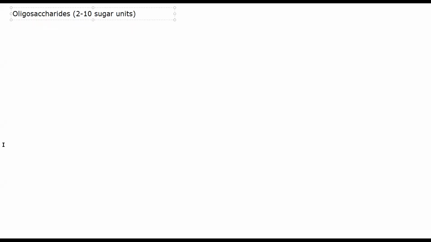Generally, these are again classified by the number of sugar units they have. If they have 2 sugar units, they're disaccharides. 3 sugar units, trisaccharides. 4 sugar units, tetrasaccharides.